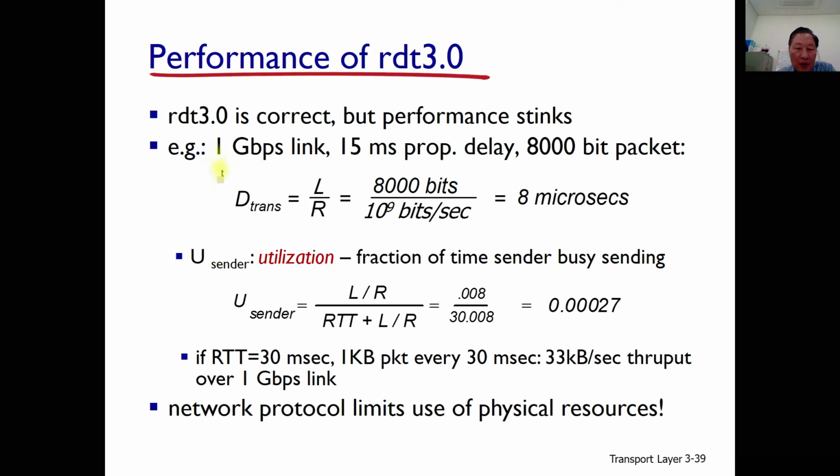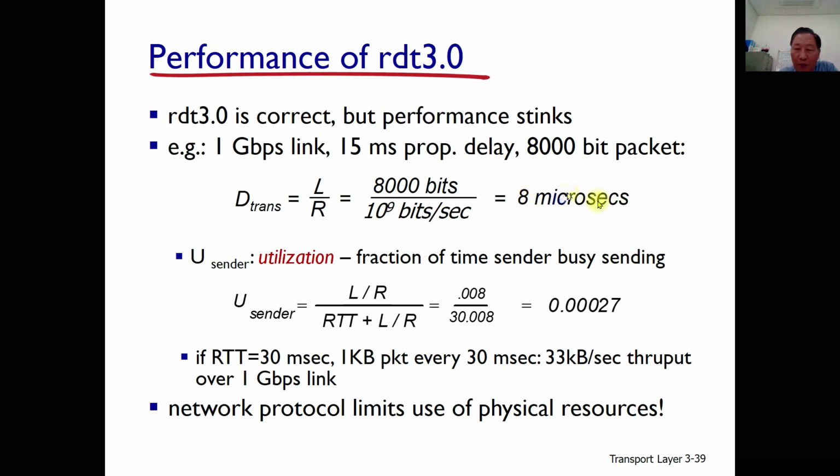For example, if we are considering a 1 gigabps link and 50 millisecond propagation delay time and 8,000 bit, that means 1 kbyte packet size, then the transmission delay will be like this. The transmission time, if we are dividing simply, gigabps means 10 to the power 9, then that is 8 microsecond.